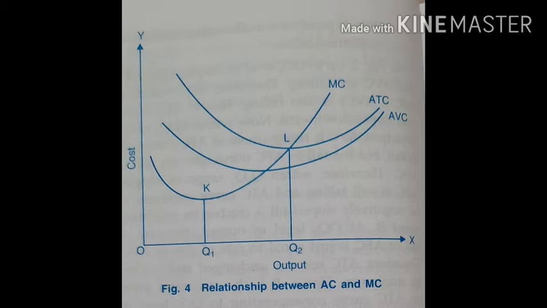But we cannot say anything about the direction of movement of marginal cost from the direction of movement of average cost. This is what we are talking about.